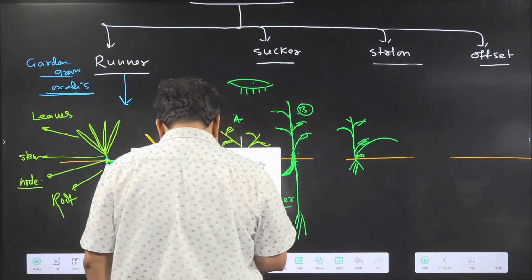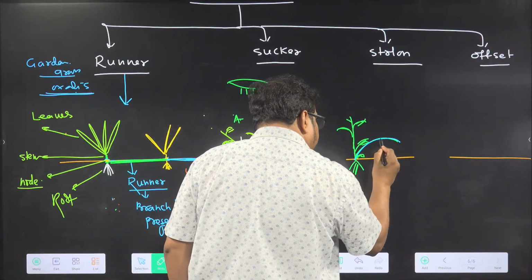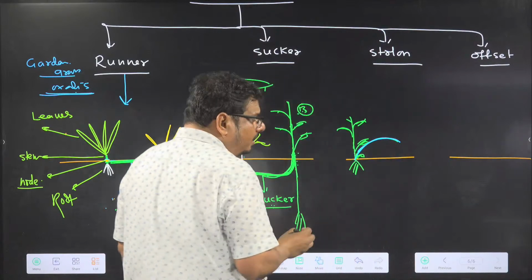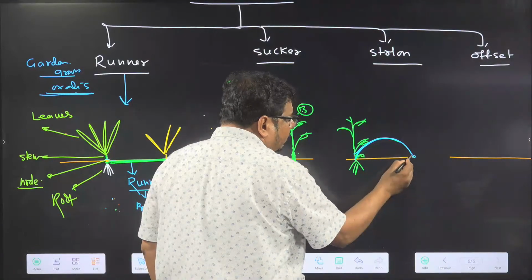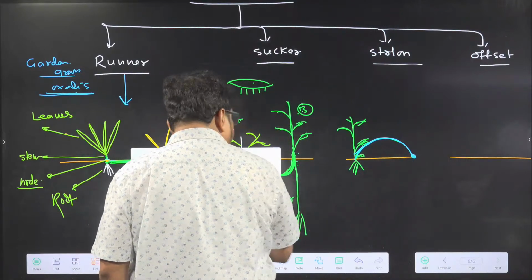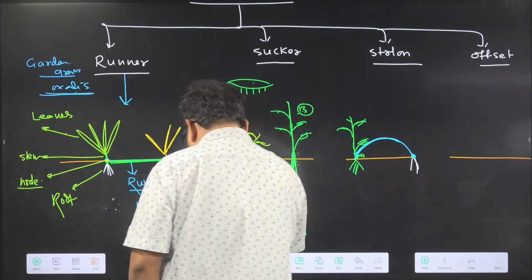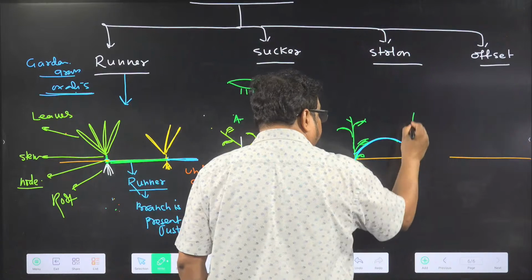I am giving a different color for these branches. These branches are arising, but these branches are delicate. Due to that reason, these branches bend and touch the ground. Where they touch the ground, from here, new root and new shoot arise.